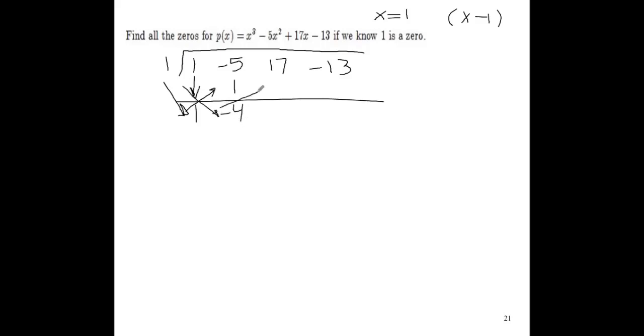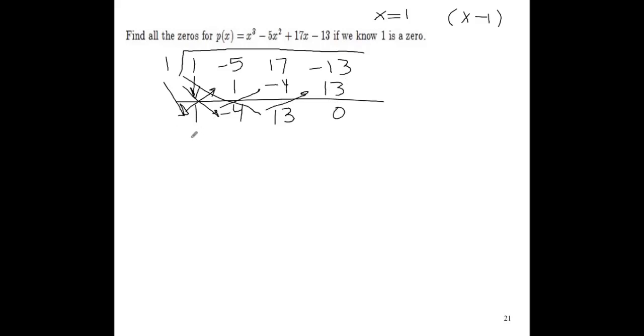And follow the steps. Here you would get 1 times negative 4 would be negative 4. 17 minus 4, you add them up, you get 13. And then we follow the same steps again. 1 times 13 is 13. As you can see, the remainder is equal to 0.